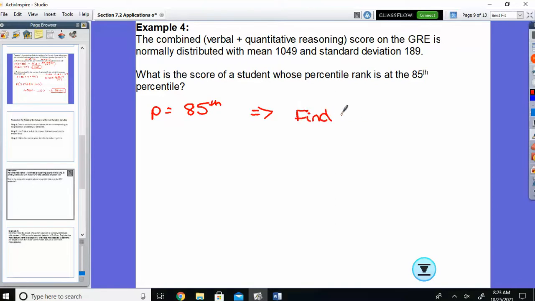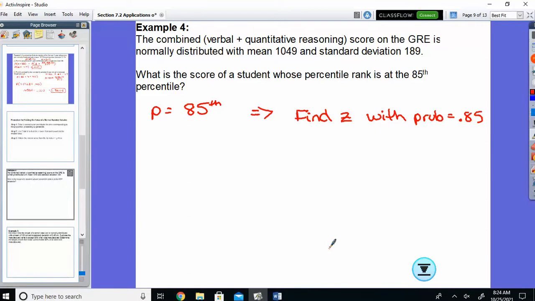So what this means is to find the z with the probability equal to 0.85. So you are now looking inside the table and trying to find 0.85.